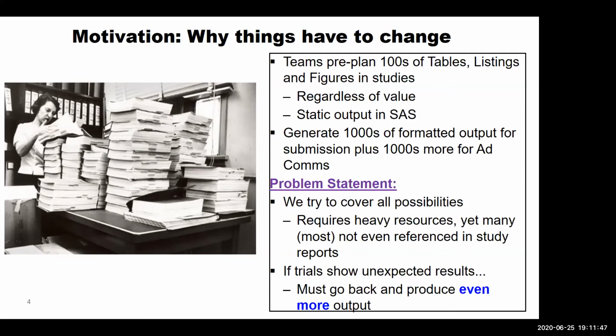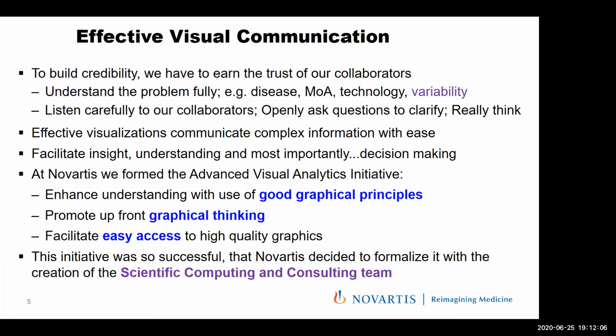These unexpected results were most likely not captured in their initial slate of tables, listings, and figures. So we have to go back and produce even more outputs to explore the data. And so in a sense here, what we need to do is think of an alternate way. Instead of using tables and listings, maybe we can convey even more information with graphics.